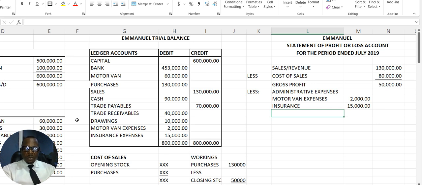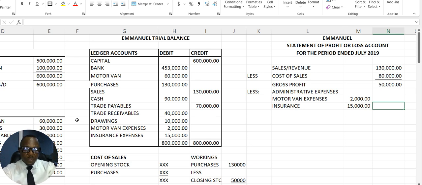Now add this together to give you an amount here, because there is no other profit or loss item in this trial balance apart from the ones we have extracted. So the total of this is what? 17,000. All right, are you following? So 17,000, that's the total of our expenses.